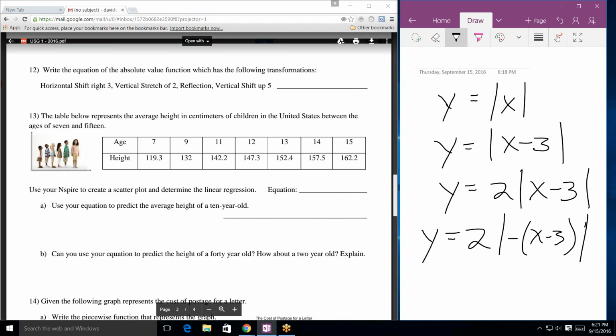Now that represents a reflection about the y-axis. And it comes out a little different, notice. When I simplify that, I get 3 minus x instead of x minus 3. So that would be a reflection about the y-axis.